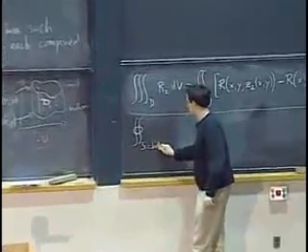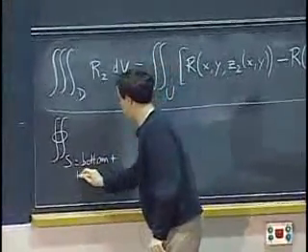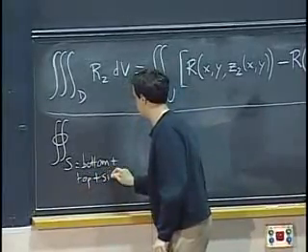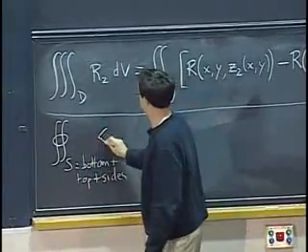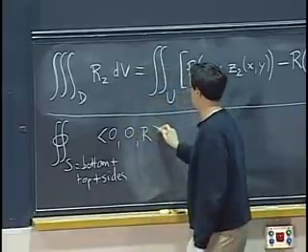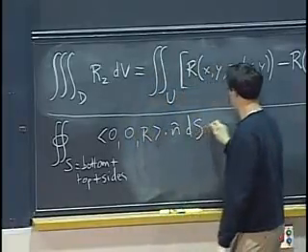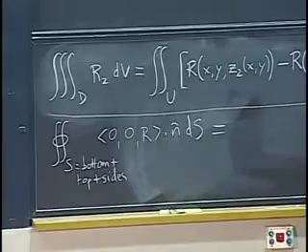Let me just remind you, S is bottom plus top plus sides of this vector field dot n dS equals, okay, so what do we have?